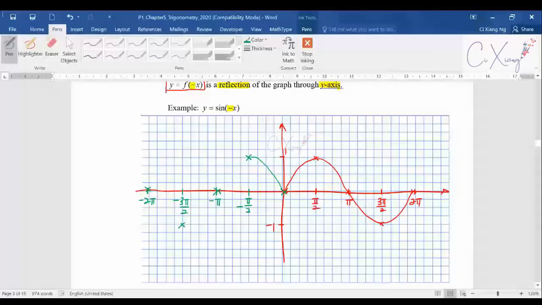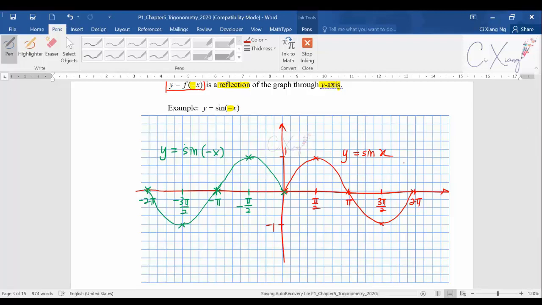After you plot all the points, you will see that your graph will look something like this. So this is the graph y equals sine negative x, and this is y equals sine x. So this is how we get the graph.